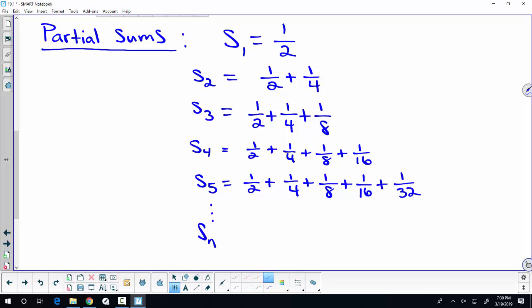All right, so we have 1/2, 3/4 rather, and we have 7/8, fourth partial sum, 15/16, and the fifth partial sum, 31/32.